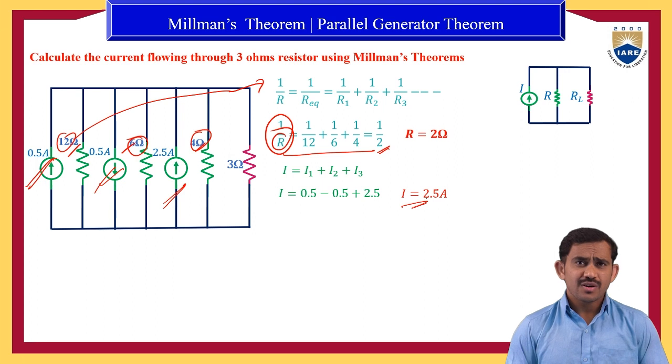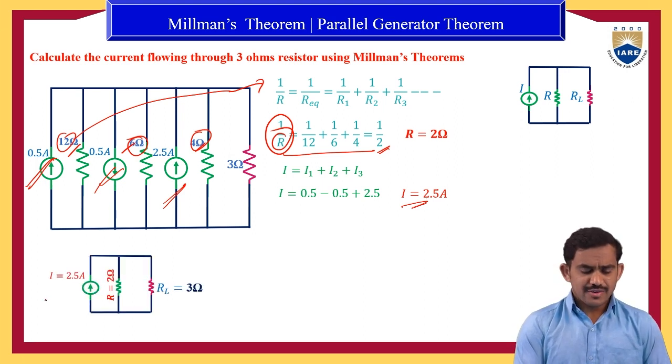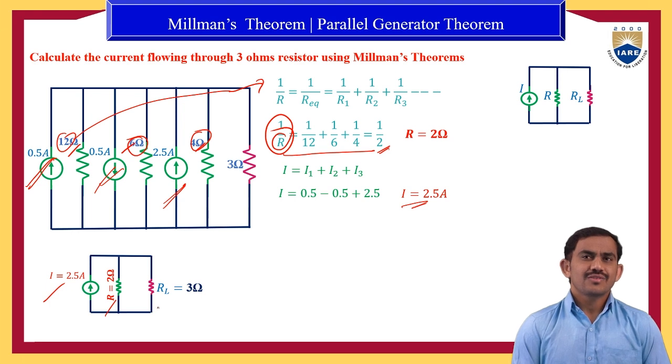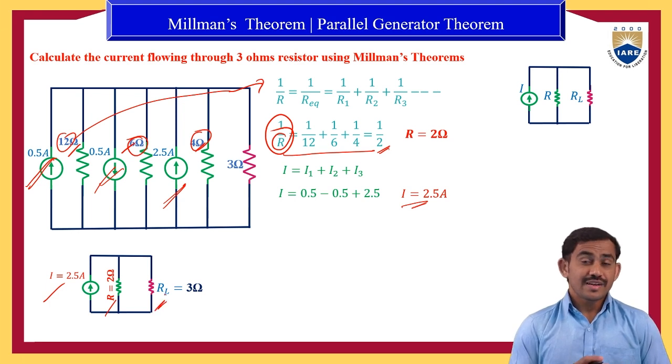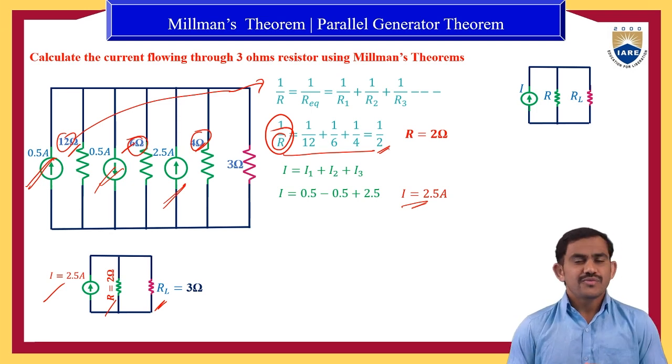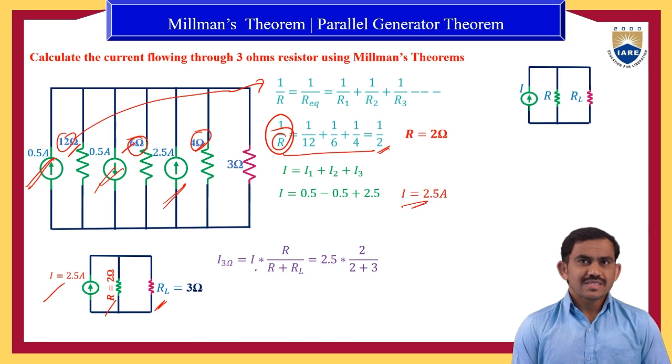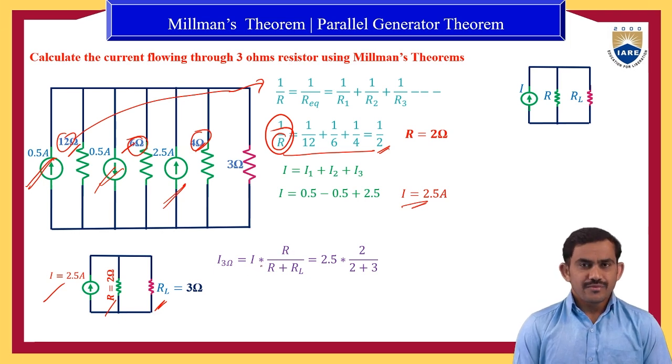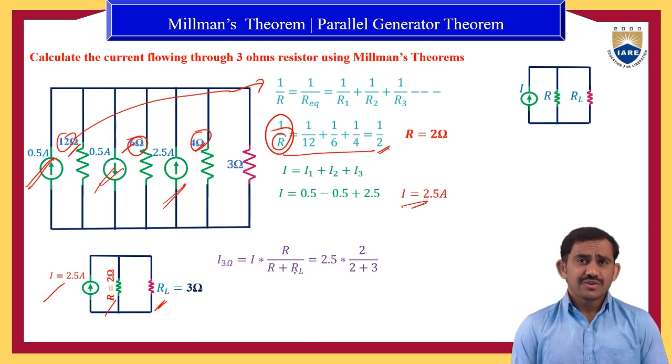So I know the I value and the R value; substitute in the single circuit, with the load resistance of 3 ohms. I need to find the load resistance current. Using any method, I'll go for the current division rule. The formula is source current into opposite resistance divided by total resistance. What is your source current here?